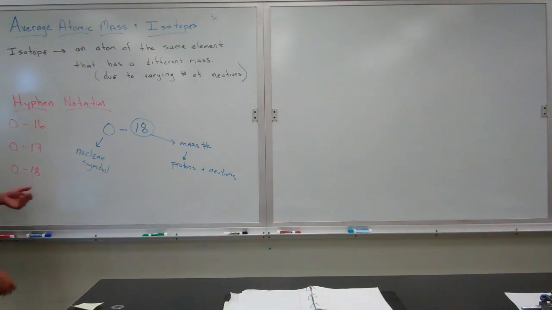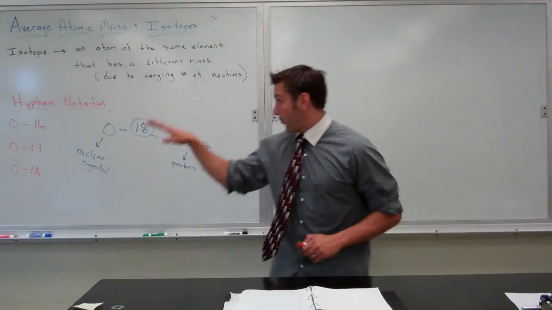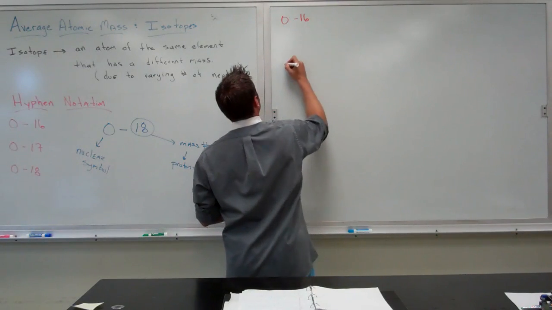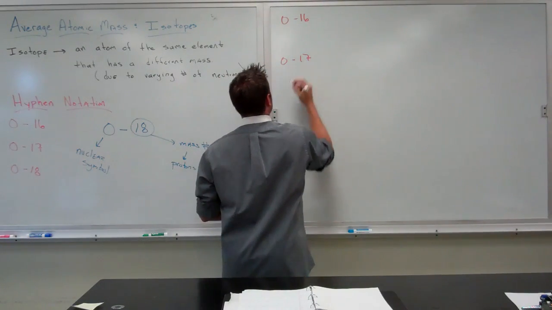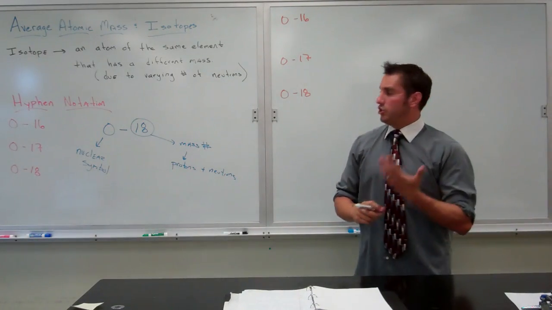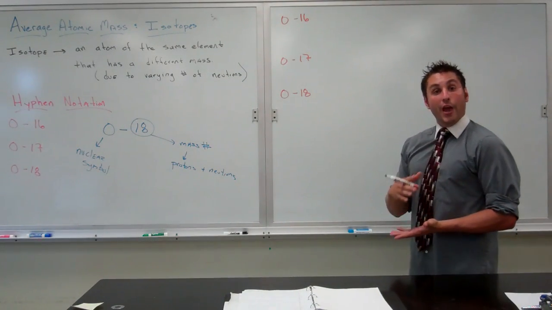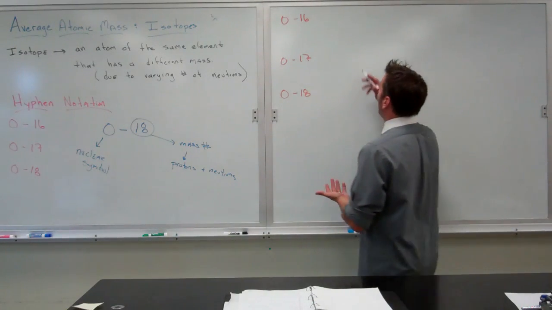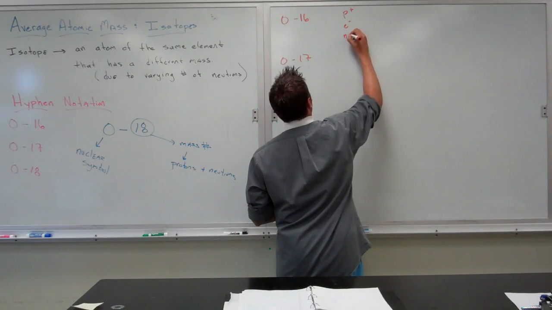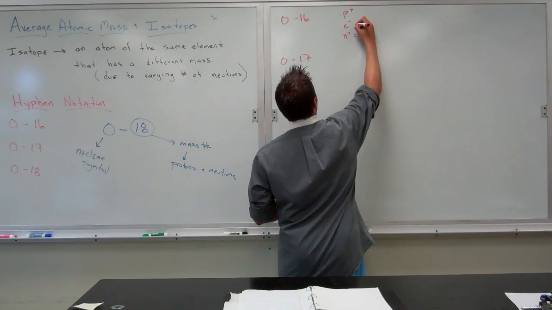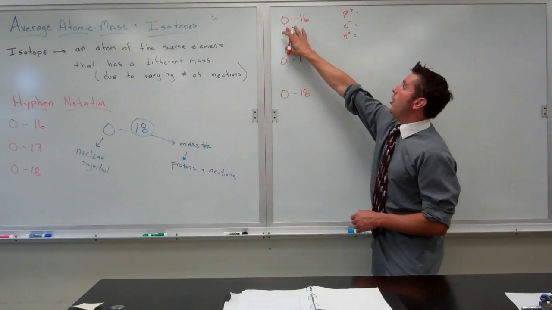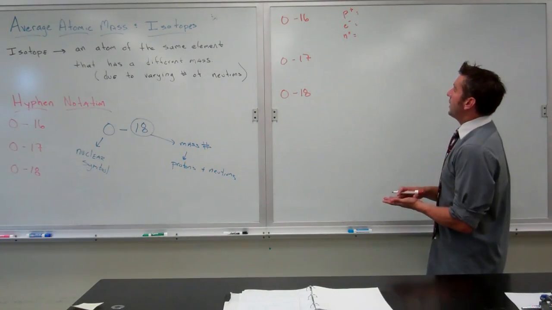So what happens is this. If I look at these 3 isotopes, O-16, O-17, and O-18, we could, just like we did before, figure out how many protons, neutrons, and electrons each of them has. If we did this, we would start with O-16. O tells me it's oxygen.